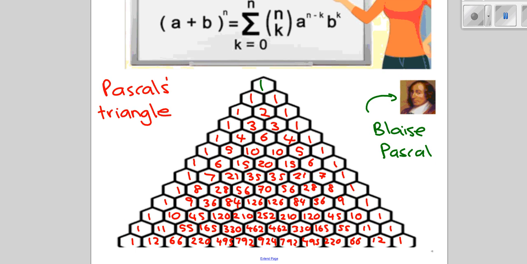The 10th row would be the one that's got 11 numbers. 1, 2, 3, 5, 6, 7, 8, 9, 10. I think it's this one here. Does the first one count? When we're looking at this one, it's as if this one at the top, the green one, doesn't exist.